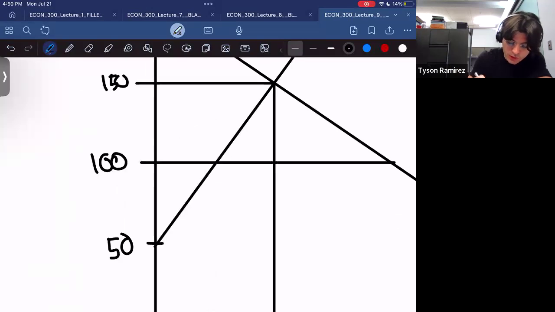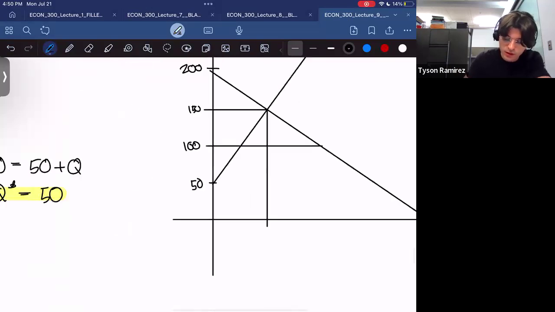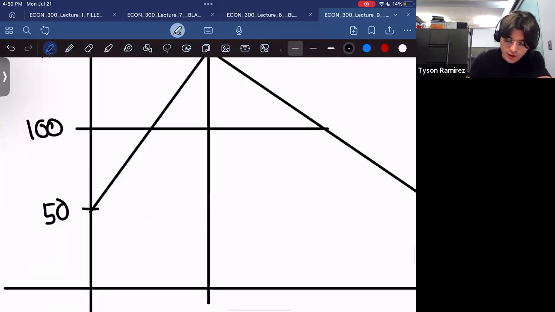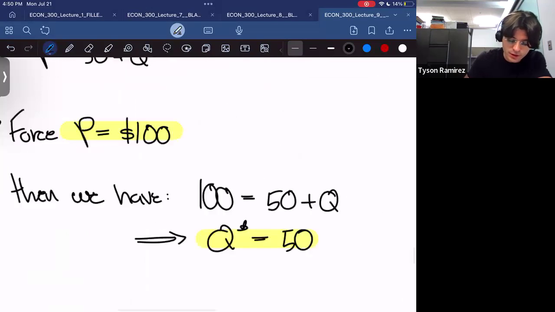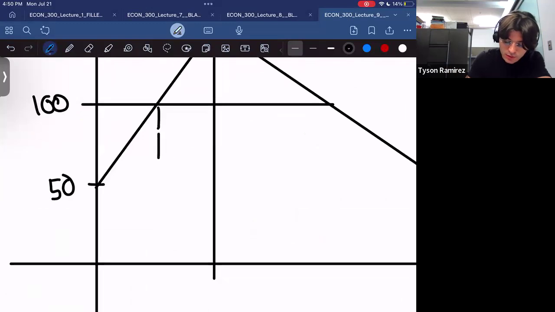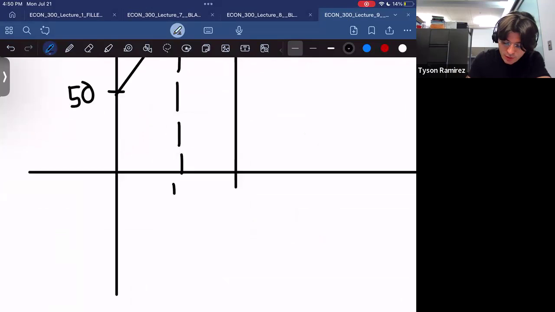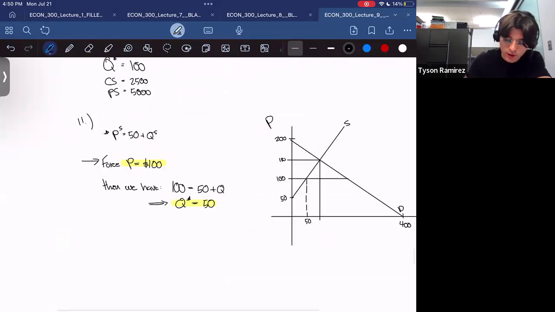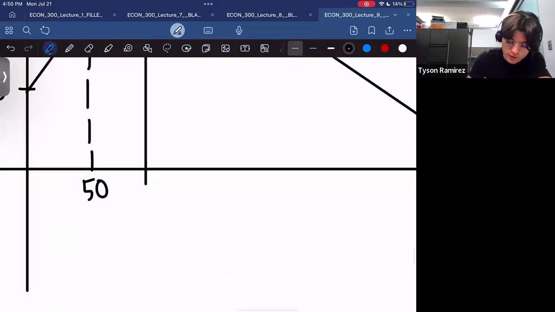Since we're forcing this price of 100, the quantity supplied, and that's what I plugged in right here, is only 50, whereas we originally had 100.